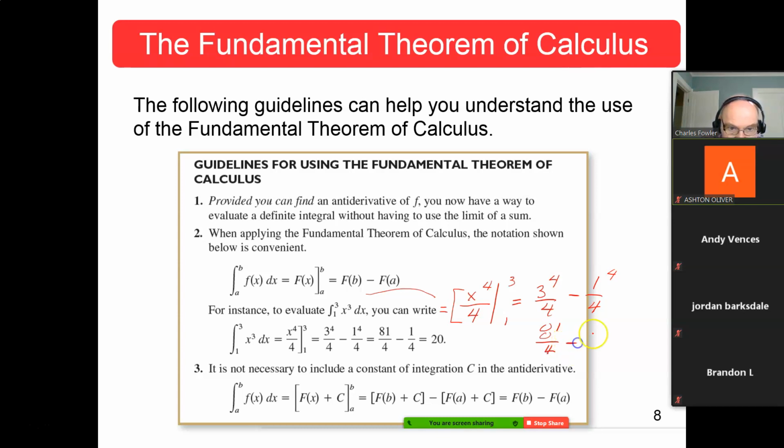Minus 1 fourth, because 1 to the 4th is 1 fourth. This is 80 fourths, and that is 20. There you've done an antiderivative and definite integral using the fundamental theorem of calculus, and guess what? We did not have to use one of those sum formulas. Remember that i cubed?